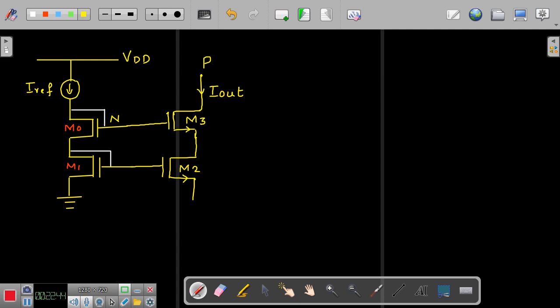Now look at this diagram. I reference P. So this gives me the complete cascode current mirror circuit, right?